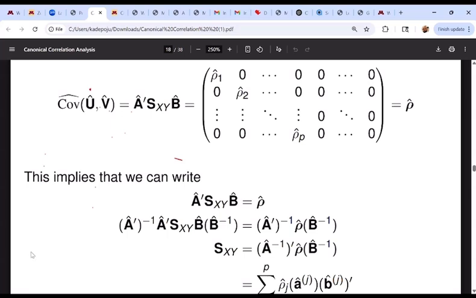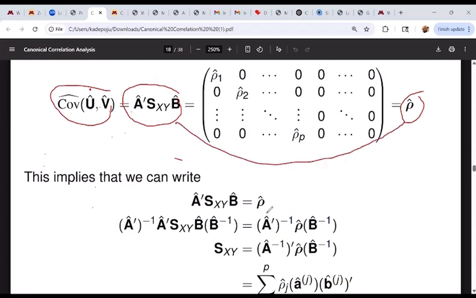We actually derived that this guy is equal to this guy, right? And if it's equal to that guy, I can equate this guy equal to that, which is what I'm having here.